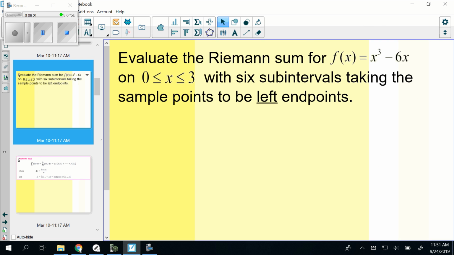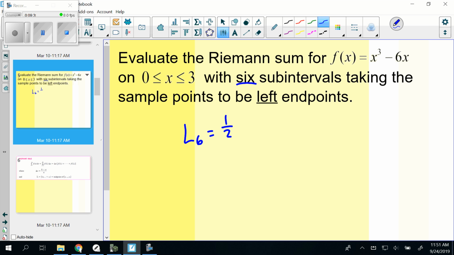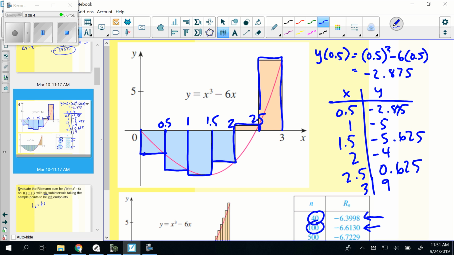If you were to do it with left endpoints, not much changes, especially because this is still 6 subintervals. We would still set this up as half being the width, except now our first rectangle, if we use the left side height, would actually be 0, because that point is at 0. Our next rectangle using left endpoints would look like that.